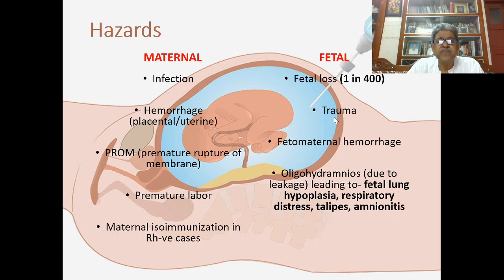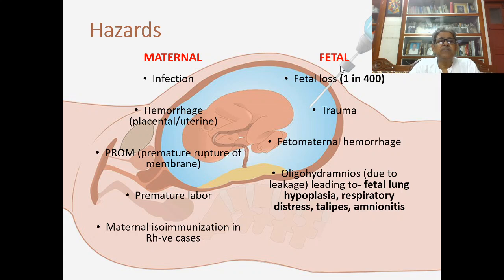Sometimes it may lead to premature delivery of the baby. Another, premature labor, which may also occur due to such stress and stimulation. Another, maternal isoimmunization in Rh negative cases, regarding the Rh factor and its adverse effect, as I explained earlier.